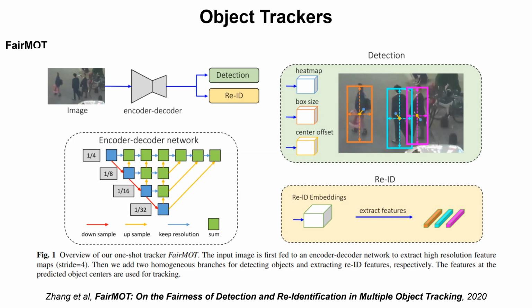I don't really understand it, because we need the information about, well, how can we know, for example, the offset if we don't know information from the previous frame? So the idea of the fair mode is to train a joint detection and re-identification.